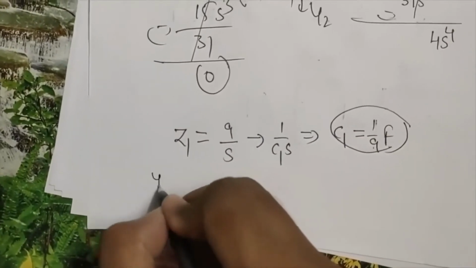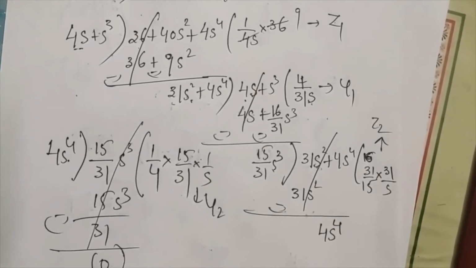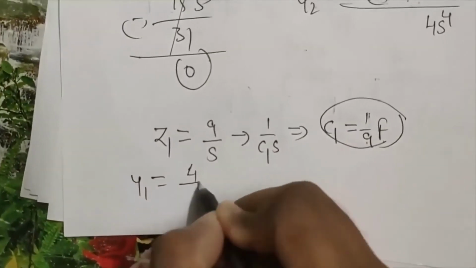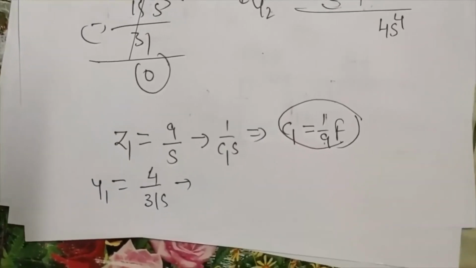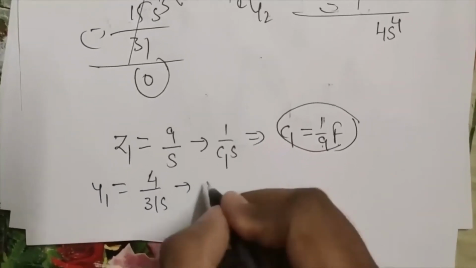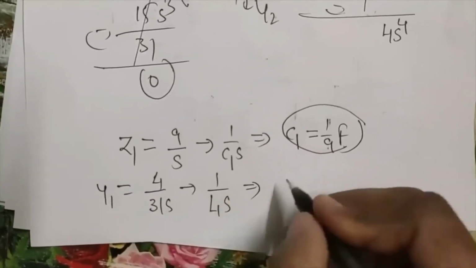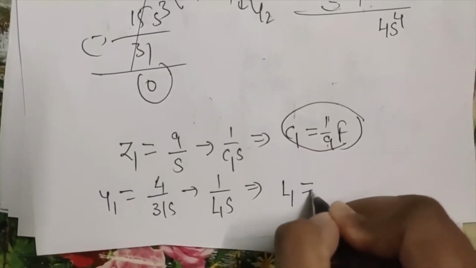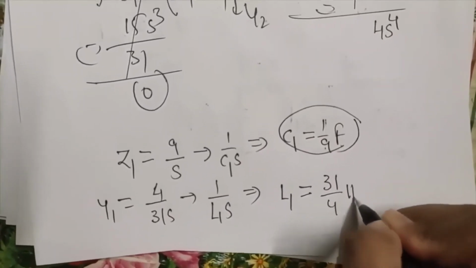So Y1 is nothing but 4 by 31S. So 4 by 31S is in the form of 1 by LS, since it is admittance. So L1 value is 31 by 4 henries.